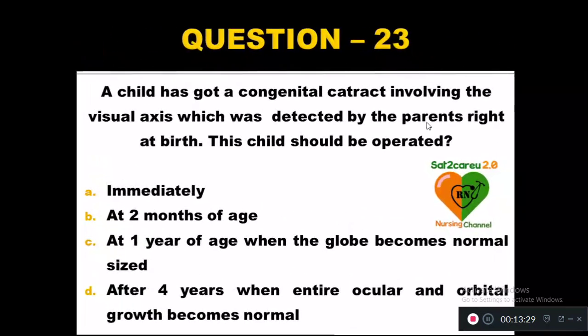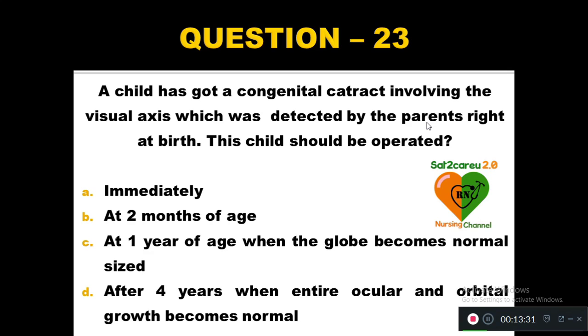Question 23. A child has got a congenital cataract involving the visual axis, which was detected by the parents right at birth. The child should be operated.